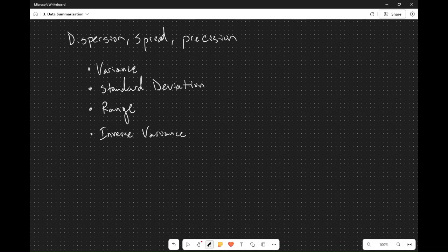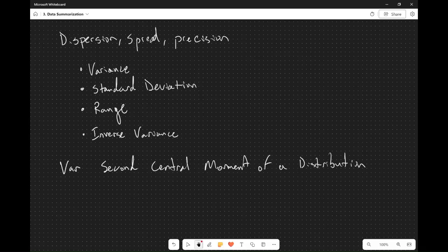Okay, so variance has a simple formula. The variance is also known as the second central moment of a distribution. And just like before, we're going to be looking at all of these summarizations relative to a distribution.